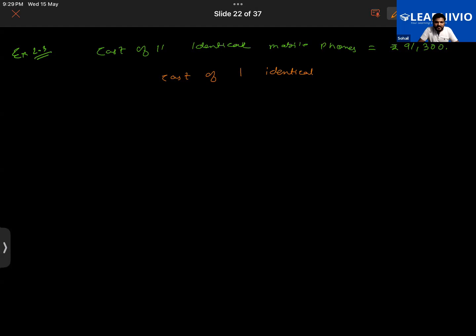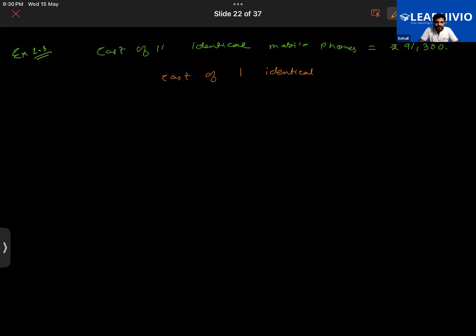The chapter name would be a different thing. The name of the chapter is operations on large numbers. There you have to study addition, subtraction, multiplication, and division. All of these things are in the same chapter. So don't get confused in that.